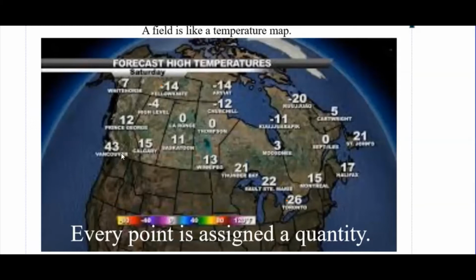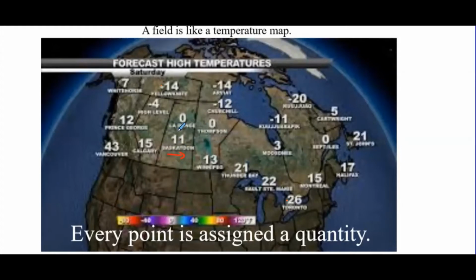Now, temperature is a scalar quantity. This could be a vector. So I could give you a map that has all the wind velocities. So I could have a map that shows maybe there's a wind with a speed of, I don't know, 30 kilometers an hour near Saskatoon going to the east. As soon as I give it a number and, of course, a direction of the wind, I now have a vector.